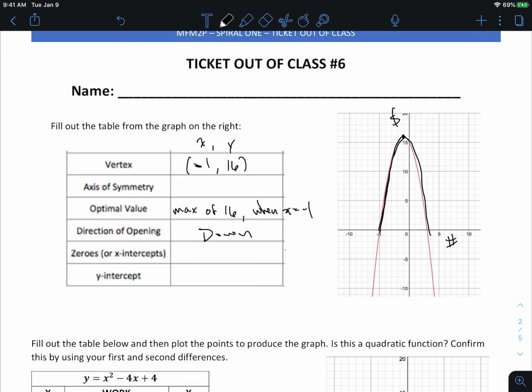If we said the same, like let's say our graph looked like this, and we were selling something down here, then we would say a maximum of 14 after we sold 9 products. You see why I say it that way? Because you have to rely on the x.